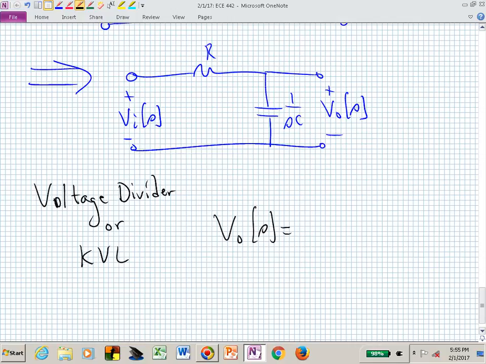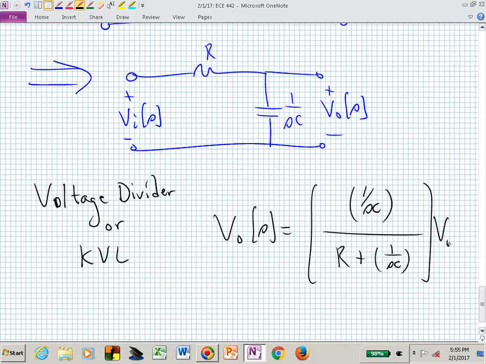And you can find this relationship in many different ways, but if we do it that way, we now have the capacitor's impedance, 1 over SC, over the sum or the total impedance in that series circuit, and that when scaling the input variables Laplace transform will give us the Laplace transformed output.